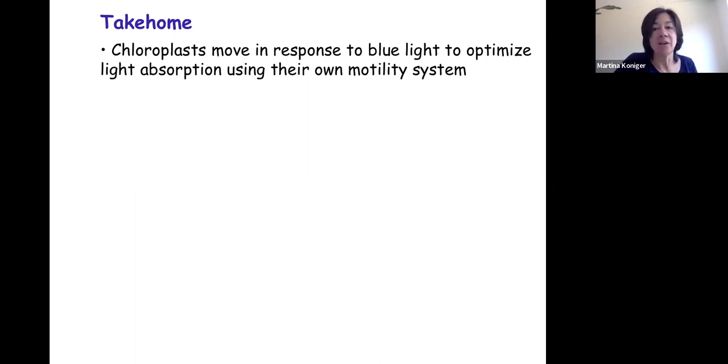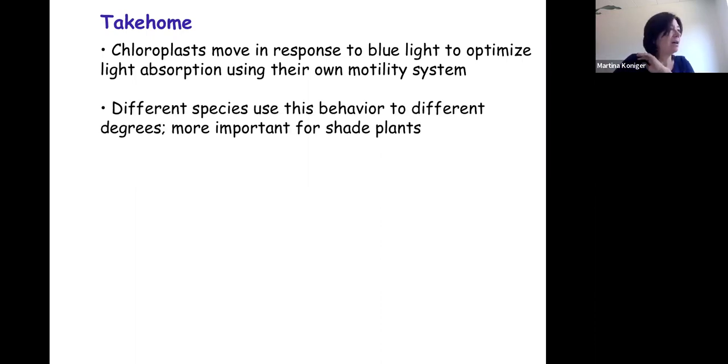They do this not using roadways that are in the cell, but they have their own motility system. So they have their own little fibers that can propel them to different parts within the cell. Not every species behaves the same. Some of them use this mechanism a lot, others don't. It's really important for the plants that grow in the shade.